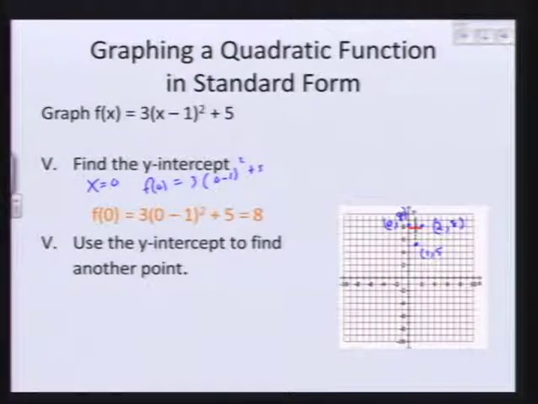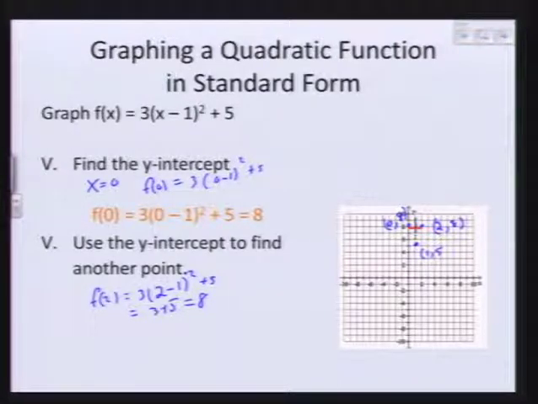If you did f of 2, you'll get 3 times 2 minus 1 squared in parentheses plus 5, and this is basically going to give you 3 plus 5, which is going to give you 8. And so we see we have that point.